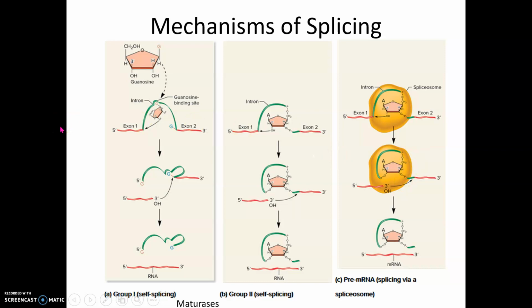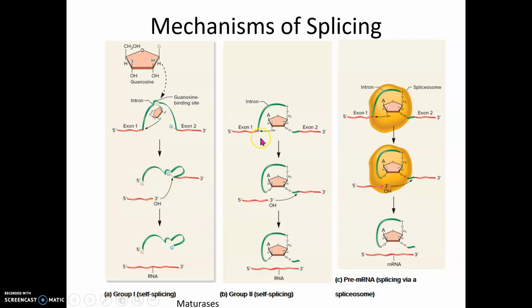So how do group 1 and group 2 work? In group 1 splicing, these are also examples of ribozymes. Okay, these are self-splicing. This guanosine breaks the bond between the exon and the intron. So this guanosine is active and it's able to catalyze the breakage of this exon from this intron. We see that? And then this is going to go in and attach to the other exon, taking off that intron.